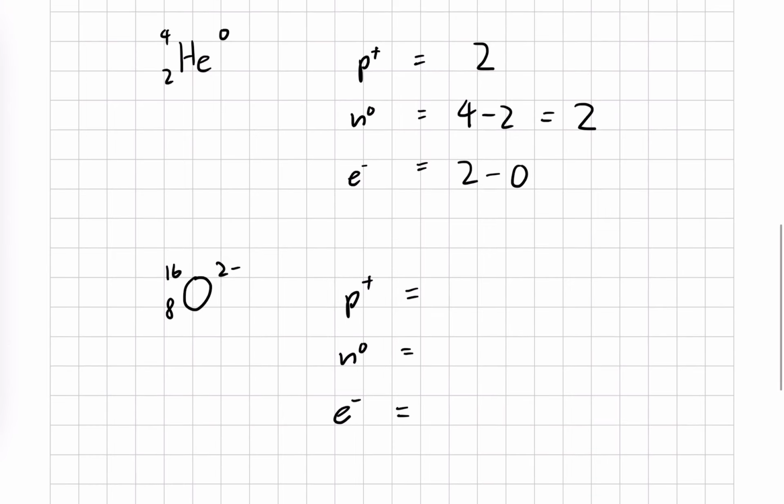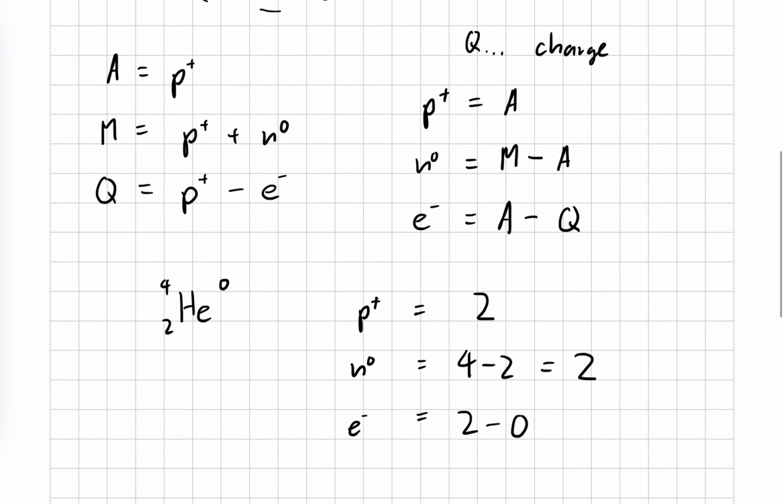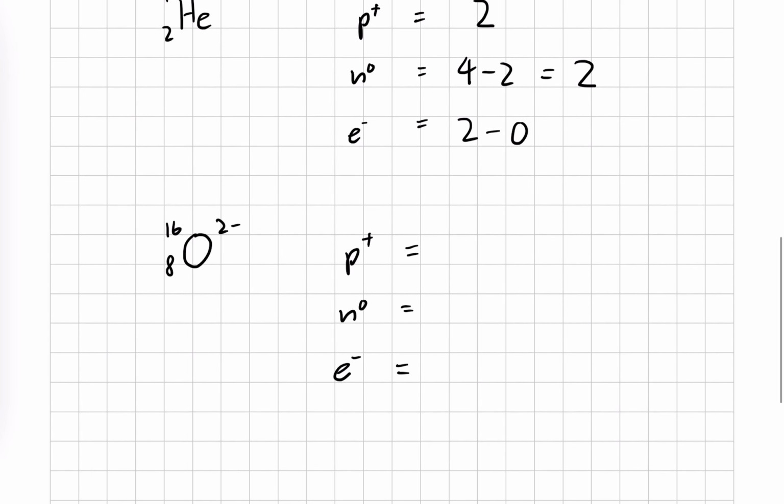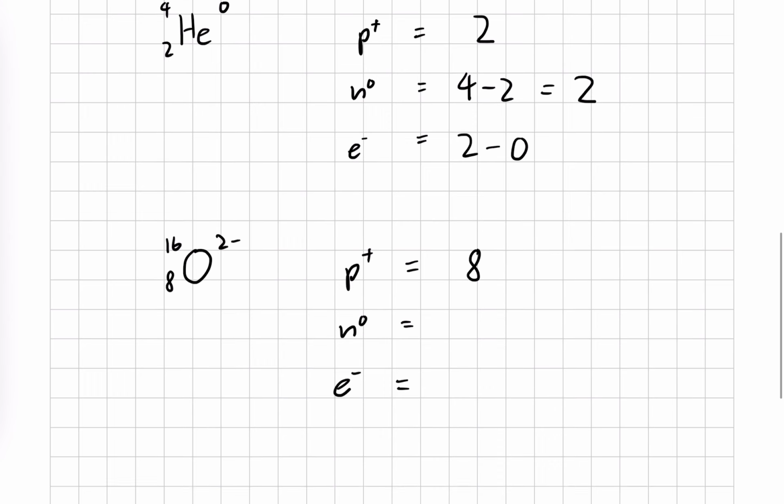You can give yourself a second if you would like some practice, otherwise I'll explain it. So the number of protons, as we have written above, is the atomic number, which is 8. The number of neutrons, as we've written above, is the mass number minus the atomic number. So 16 minus 8, which is equal to 8.